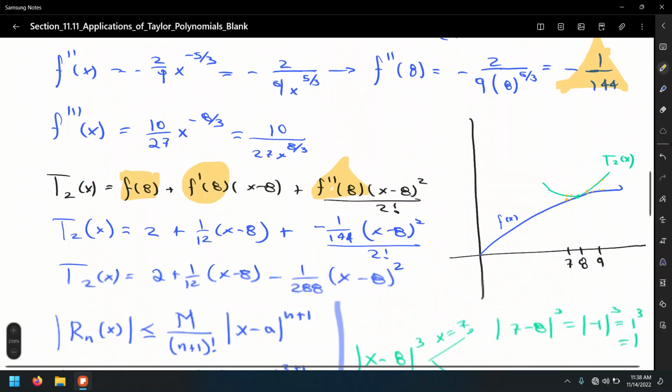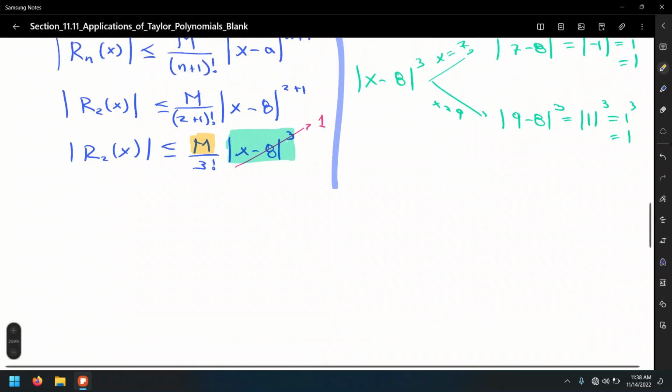So in this case, f^(n+1)(x) less than or equal, or I think it's just less than, big M. In this case, this is going to be the third derivative, or triple prime, less than M.